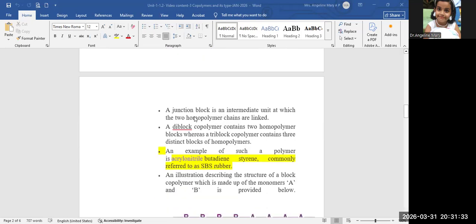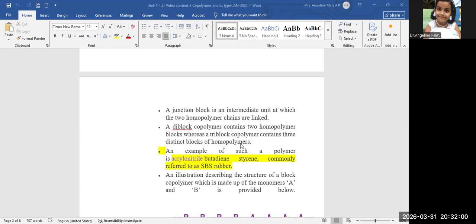A junction block is an intermediate unit at which the two homopolymer chains are linked. When two polymers are joined, the junction block is called an intermediate unit. A diblock copolymer contains two homopolymer blocks, whereas a triblock copolymer contains three distinct blocks.